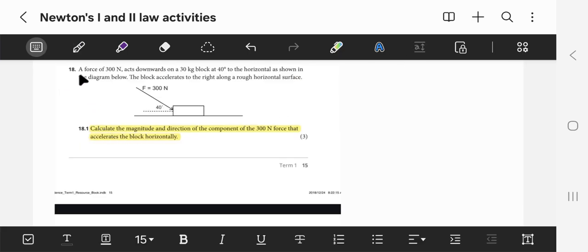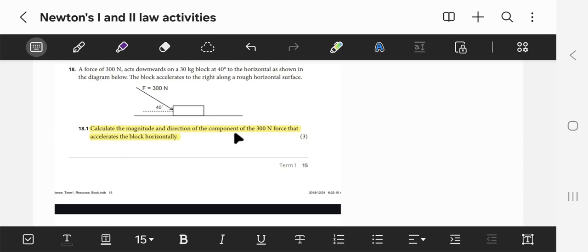Okay, for this one they say a force of 300 newtons acts downwards on a 30 kg block at 40 degrees to the horizontal as shown in the diagram below. The block accelerates to the right along a rough horizontal surface. Then 18.1 says calculate the magnitude and direction of the component of the 300 Newton force that accelerates the block horizontally.